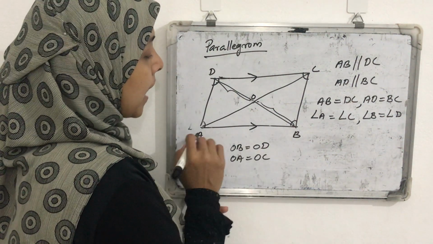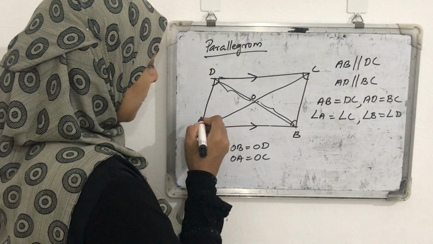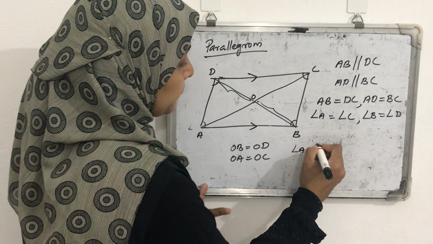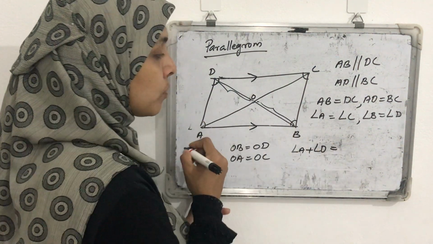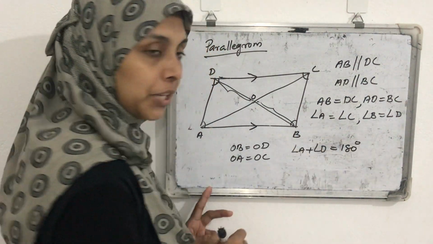So adjacent angles will be supplementary. So angle A plus angle D will be how much? If it is supplementary, the sum of the two angles will be 180 degrees.